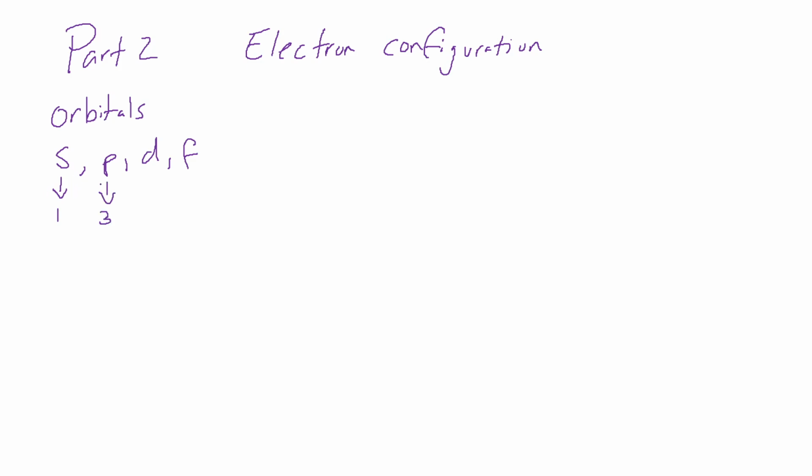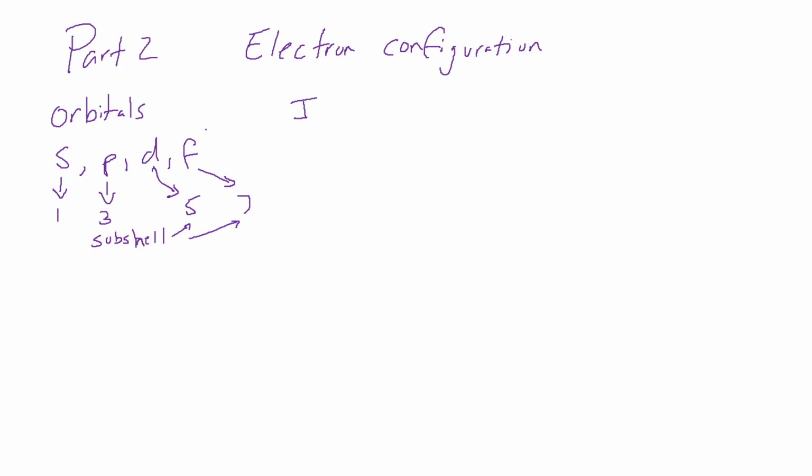There are 3 different types of p orbitals, which makes it a subshell or sublevel, depending on your book or who's talking. D, there are 5 different orbitals, which also makes it a subshell or sublevel. And f, there are 7 different orbitals, making the f also a subshell or sublevel.